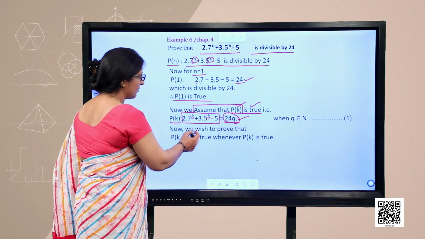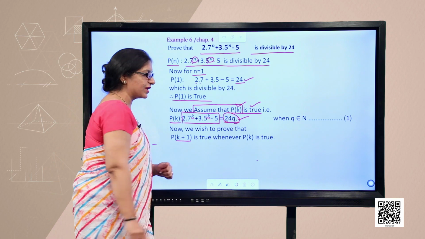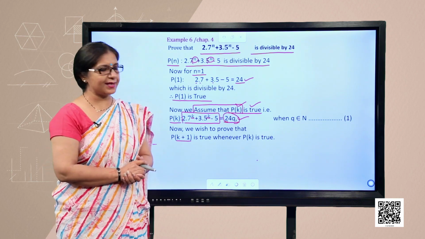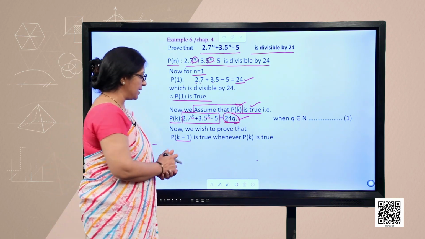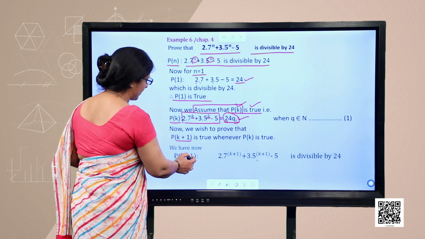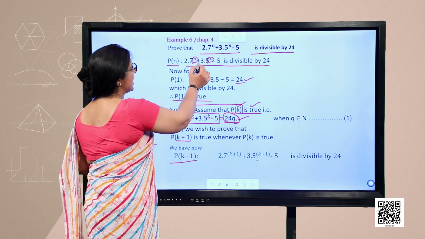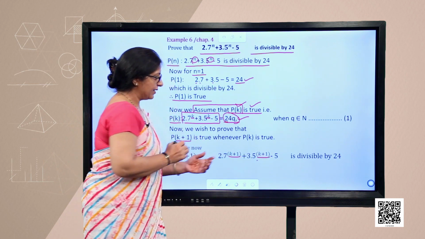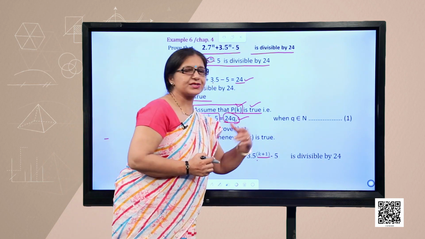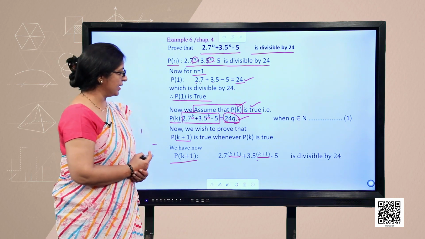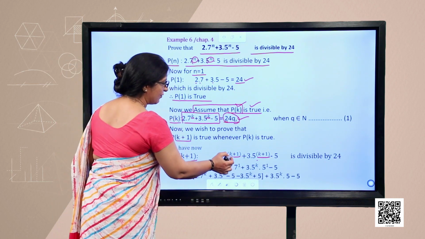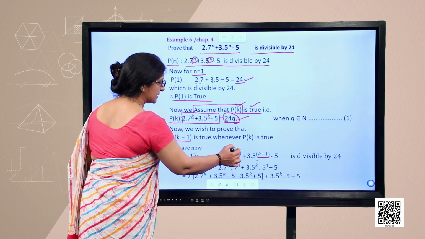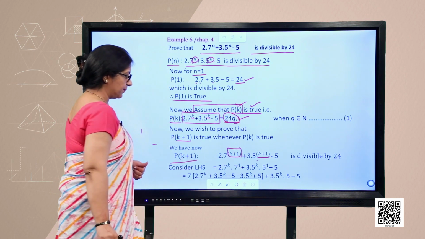Now we move further, we wish to prove that Pk plus 1 is true whenever Pk is true. Now what is Pk plus 1? In Pk plus 1, we will just replace n by k plus 1. And we need to show that this expression is divisible by 24. We will solve it by the law of exponents by opening these powers.